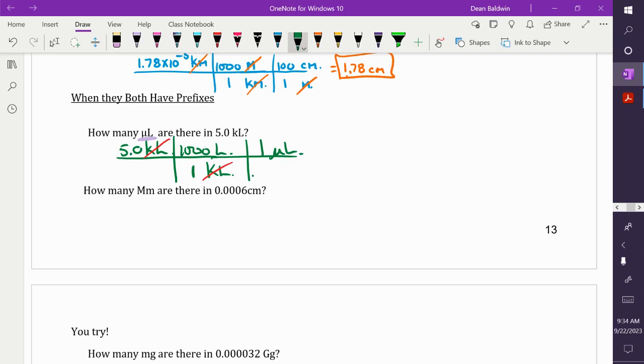What's the conversion factor? It's 10 to the minus 6, right? So that means 1 microliter is 1 times 10 to the minus 6 liters. Okay. What do you do with the top numbers? Multiply. So 5 times 1,000 times 1 is 5,000, say.